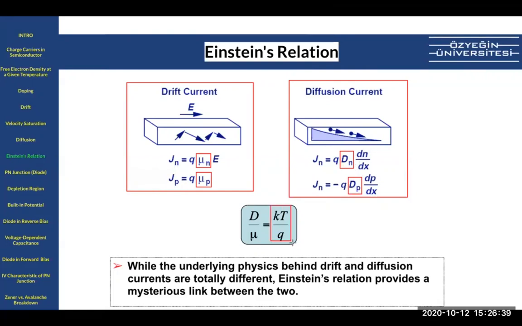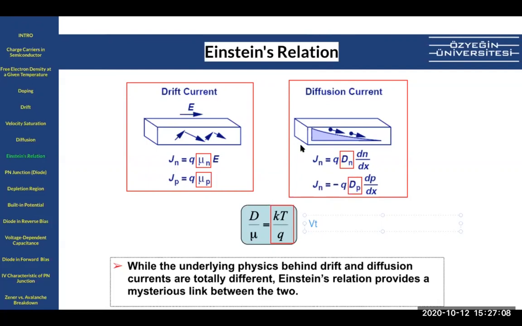And this kT over q, we'll see it a lot in the future. It's a term called VT, the thermal voltage. Right now it's enough to know this much: these mobility constants and diffusion constants are somehow correlated to each other, and this is called Einstein's relation.